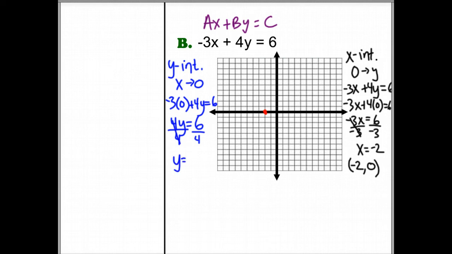Y is equal to 6 over 4, which we can reduce. When we divide by 2, we get 3 over 2. And as a decimal, that's just 1.5. So we can rewrite that as 0, 1.5. So we are going to go up a box and a half a box to this point right there, the green one. Now let's draw in our line. And we are good to go.